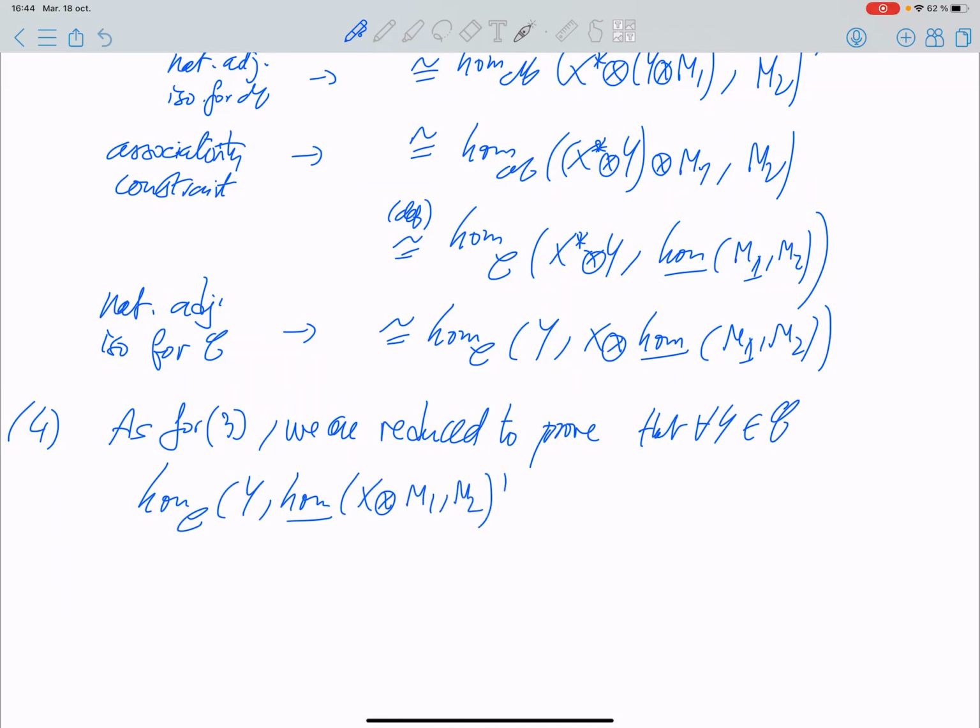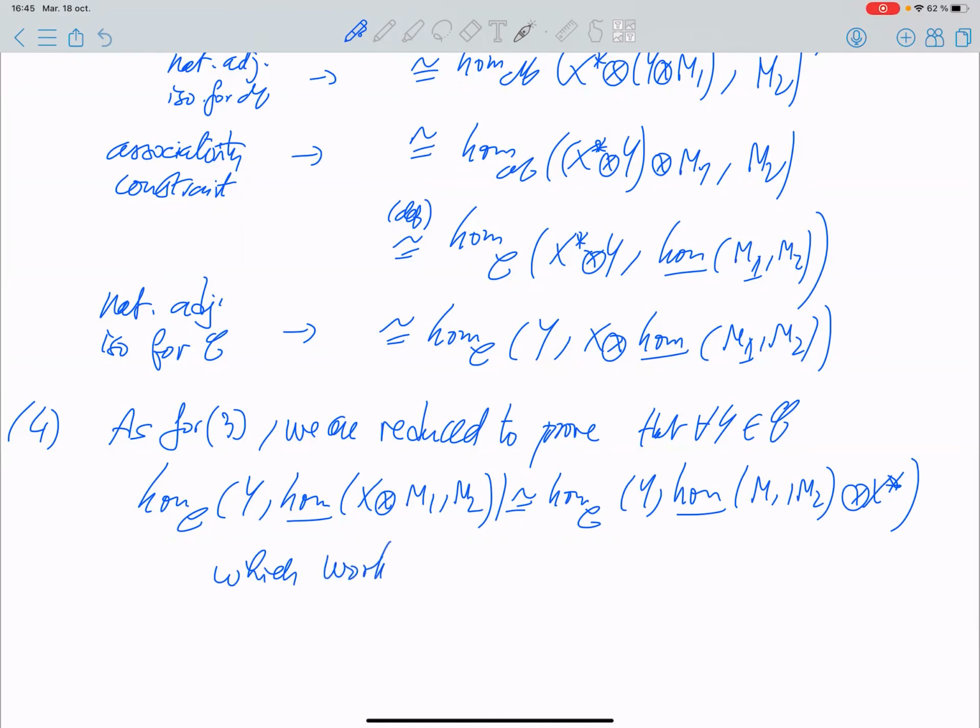I will write it, but natural isomorphism, Hom Y, internal Hom, M1 and 2. That's our X. Okay, and so this can be proved exactly as for 3. So it's okay.